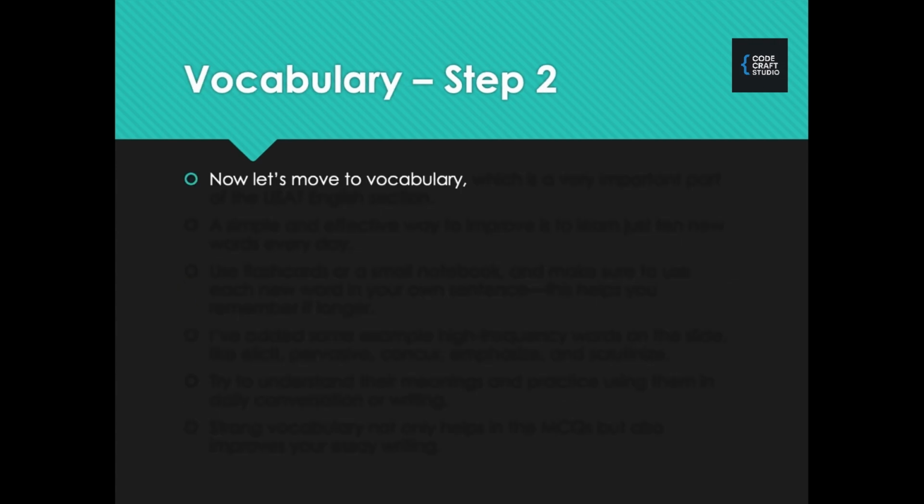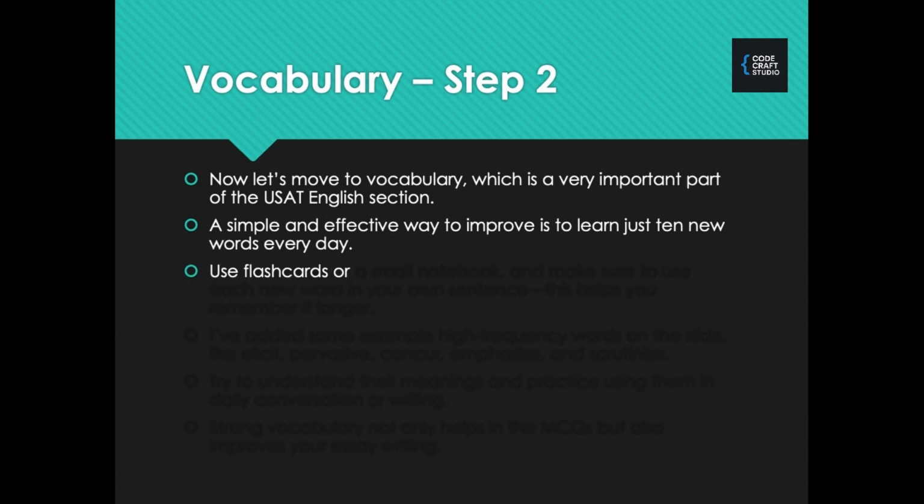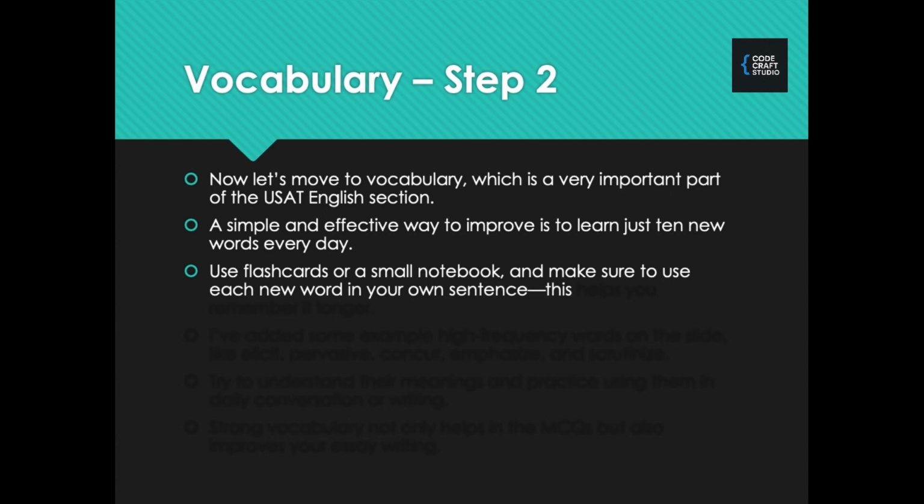Now let's move to vocabulary, which is a very important part of the USAT English section. A simple and effective way to improve is to learn just 10 new words every day. Use flashcards or a small notebook, and make sure to use each new word in your own sentence. This helps you remember it longer.